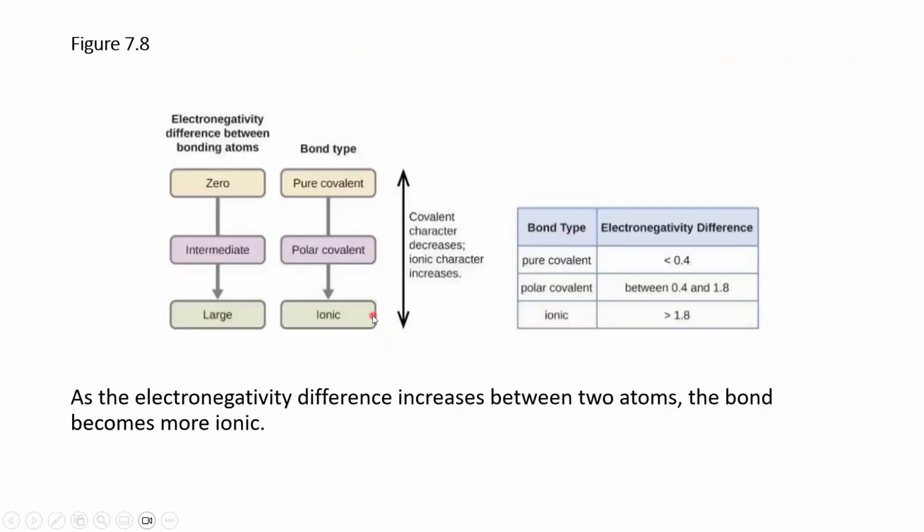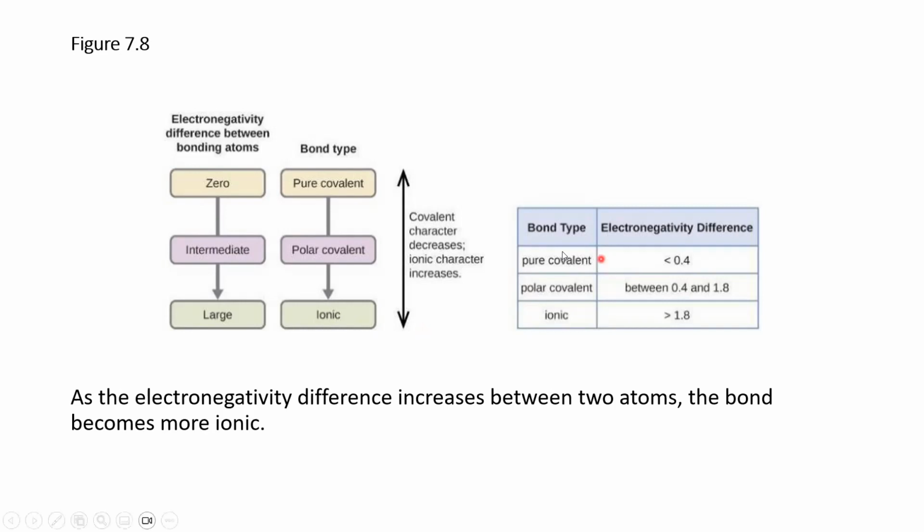But with this, there's going to be a spectrum in terms of the difference in electronegativity between the atoms in a bond. Depending on the difference in that electronegativity, that determines what type of bond it is. With all of these bonds, whether non-polar covalent, polar covalent, or ionic, they're all the same idea, just to different extremes.